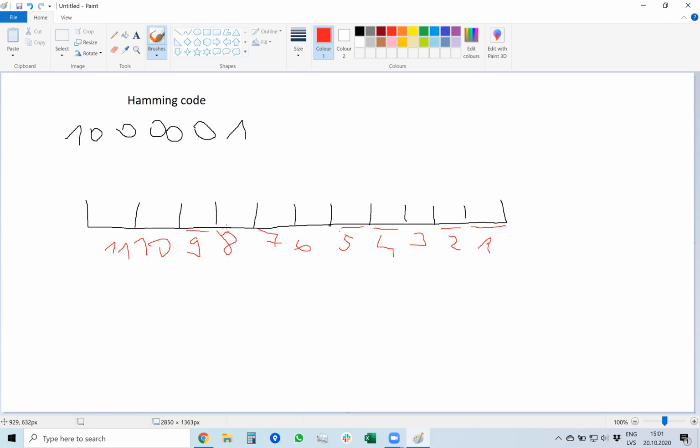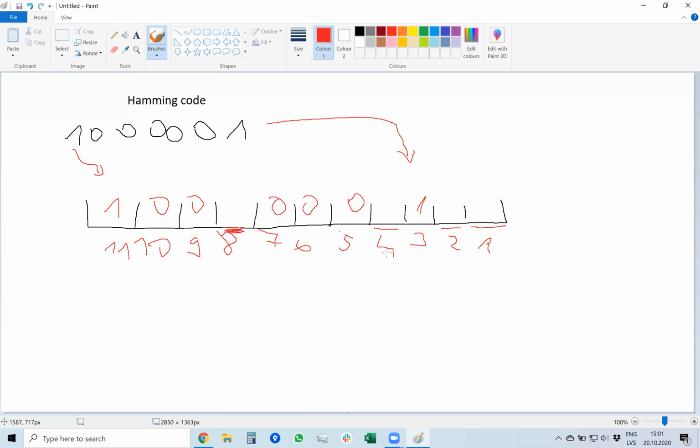And this parity bit will also be this. And so let's write the bits inside. So here is 1, 0, 0, 0, 0, 0, 1. So this is first and this is last.